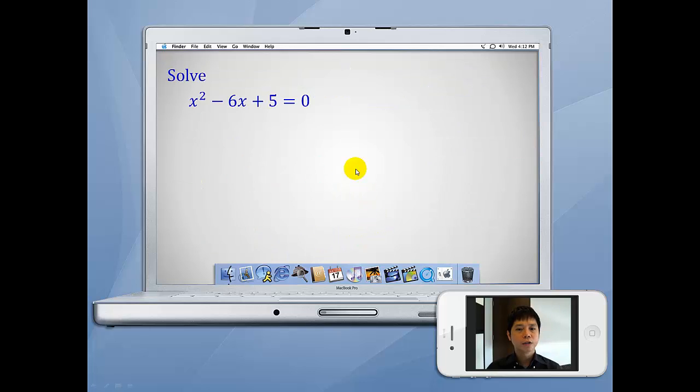Now let us see how completing the square can help us to solve this quadratic equation. Does this part of the equation look familiar? Now let us move the positive 5 over to the other side. So we have x squared minus 6x equals negative 5. And we have learned previously how to make this into a perfect square.